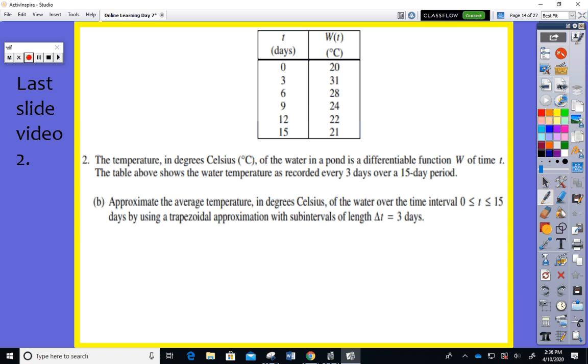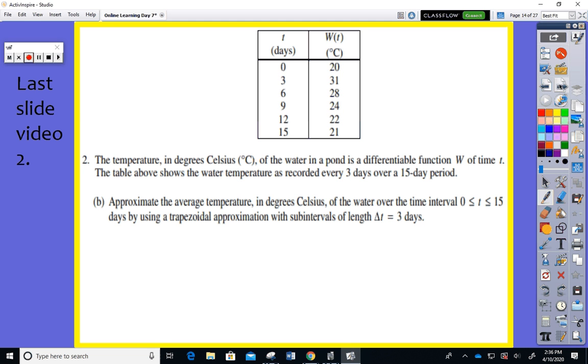Now let's look at another average value problem, which actually gives you a nice review of things earlier in this chapter. It gives you a table, and it says the temperature in degrees Celsius of the water is given by W, in the right-hand column of the table, and it depends on time.